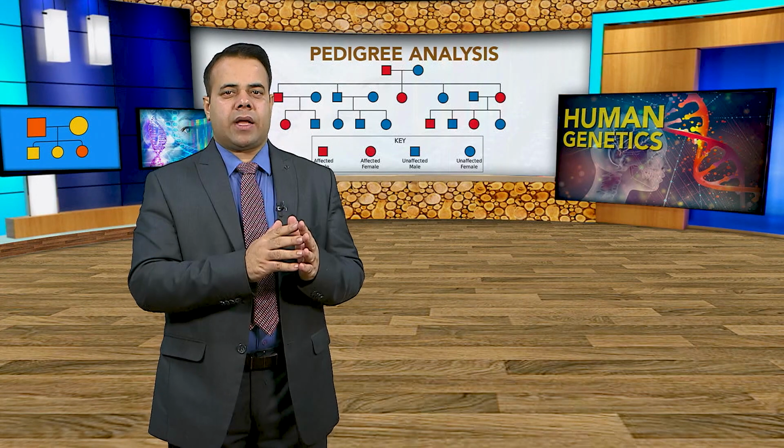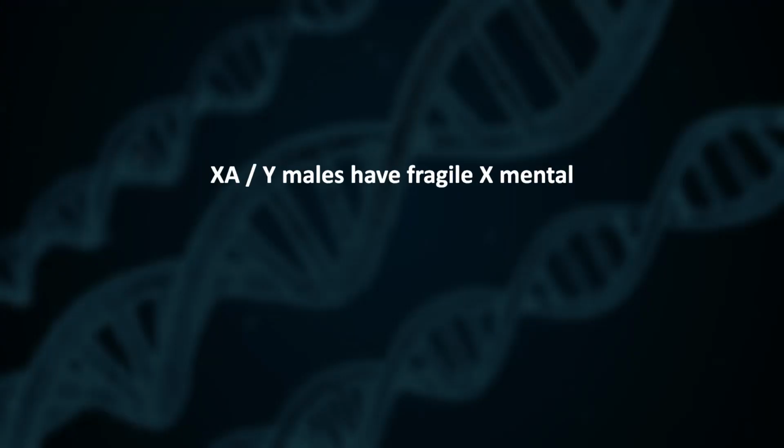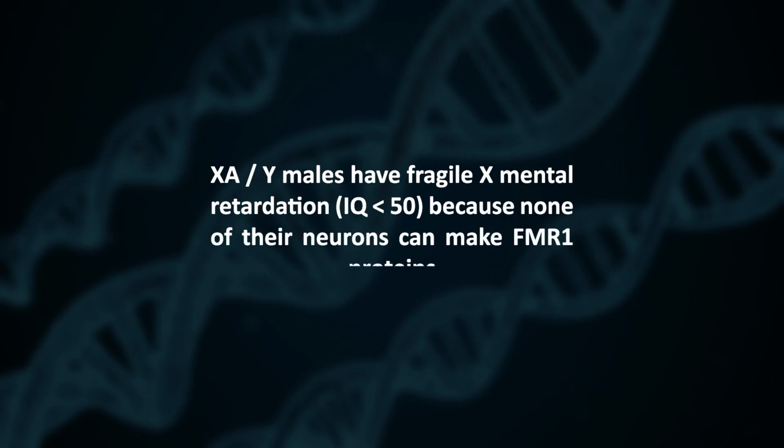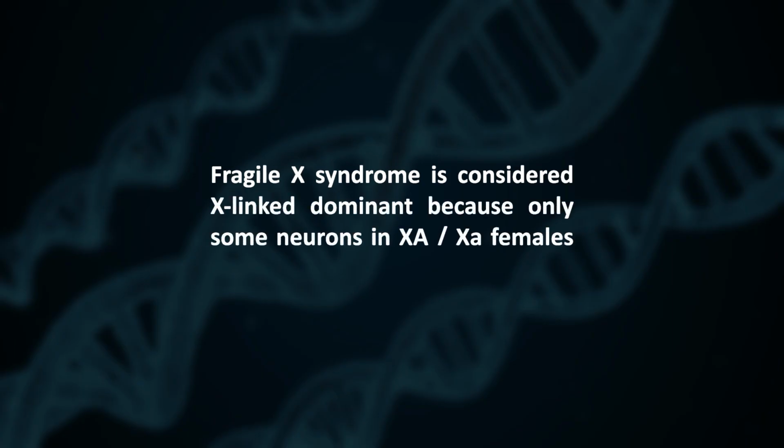If there is expansion of the repeat in the germline cell, the child will inherit a non-functional allele. XA/Y males have fragile X mental retardation, that's IQ less than 50, because none of their neurons can make FMR1 proteins. So fragile X syndrome is considered X-linked dominant because only some neurons in XA/Xa females can make FMR1 proteins.